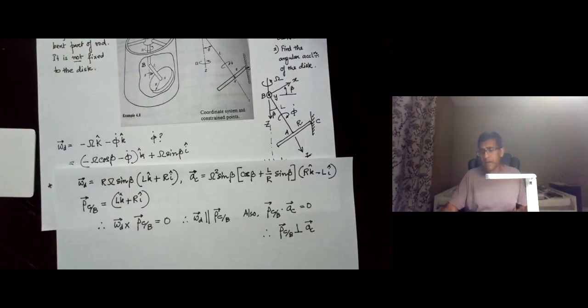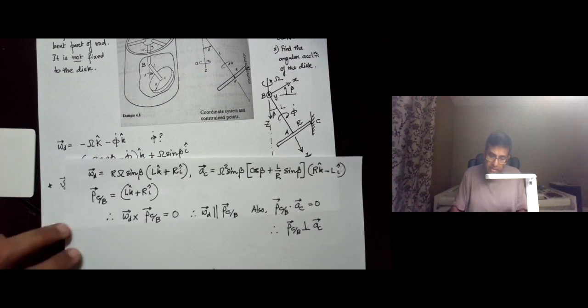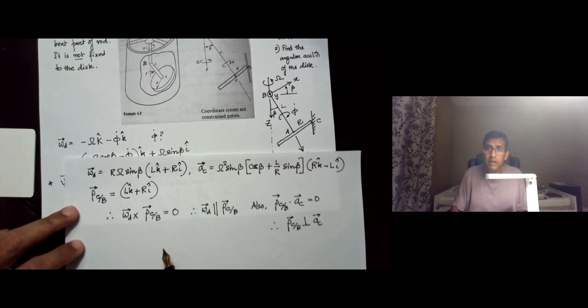So this is the classic case when a rigid body is rolling without slipping on another surface. Okay, in this case we can imagine the following to be happening.